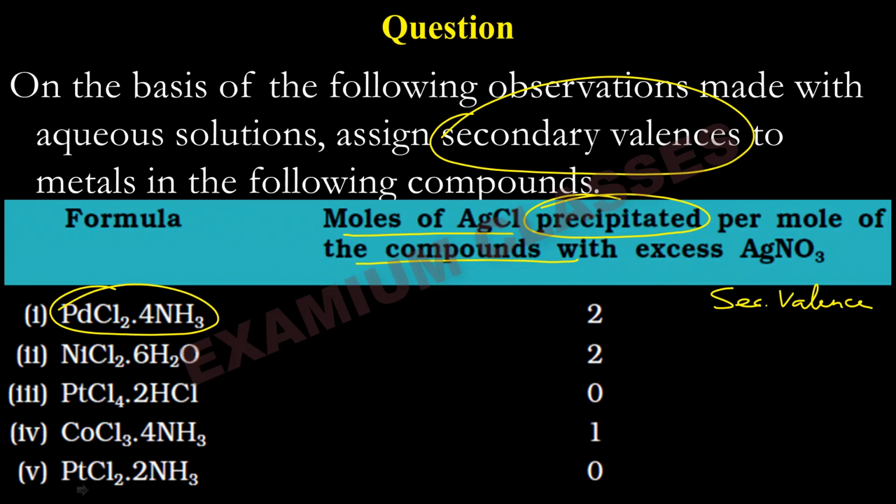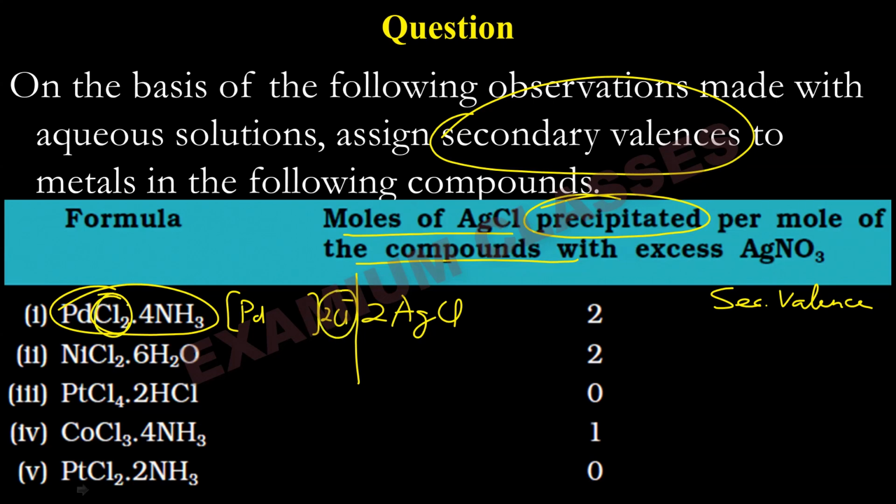2 moles of AgCl precipitated. It means all these got ionized. Only then do you get 2 moles of AgCl. It means it was something like Pd and here you have 2Cl minus, or you can say Cl2. Only then will you get 2 moles of AgCl, if you have 2 chlorides outside.